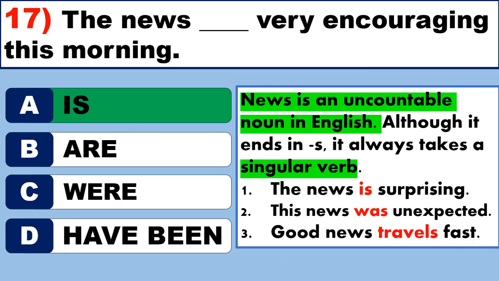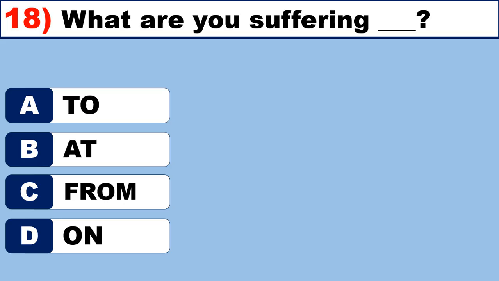Good news travels fast. What are you suffering? To, at, from, on. To suffer to, to suffer at, to suffer from, to suffer on. So suffering can be followed by many prepositions. We can say to suffer with someone, to suffer for someone, to suffer after an accident.